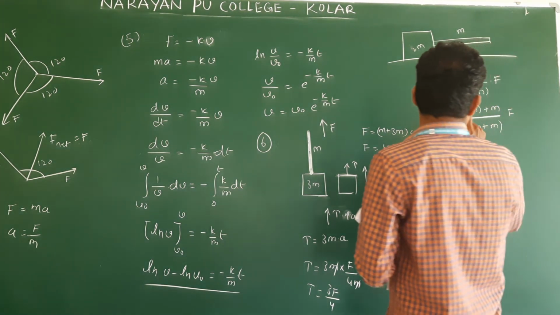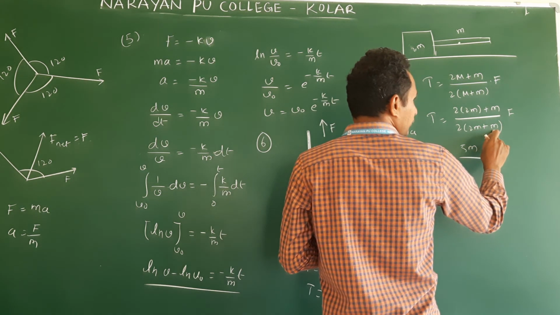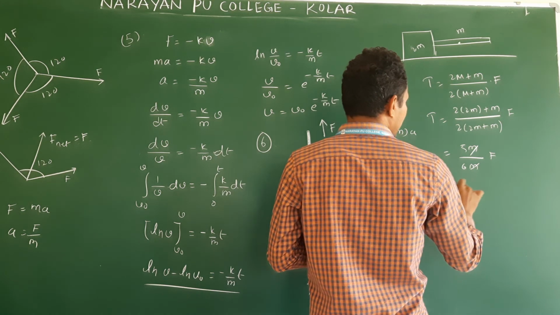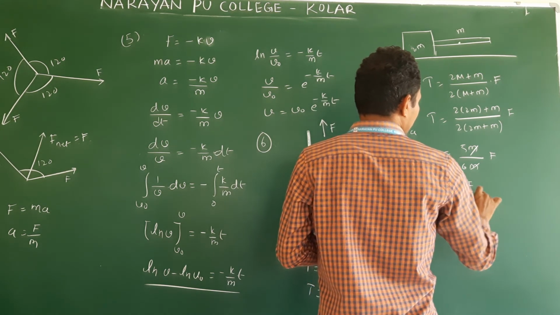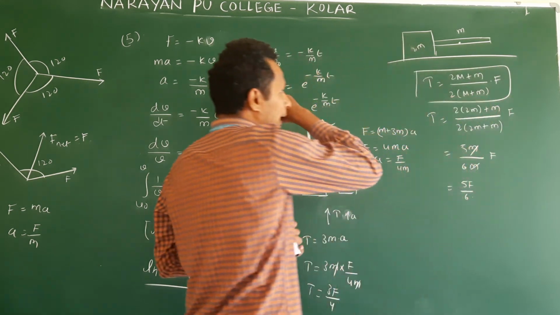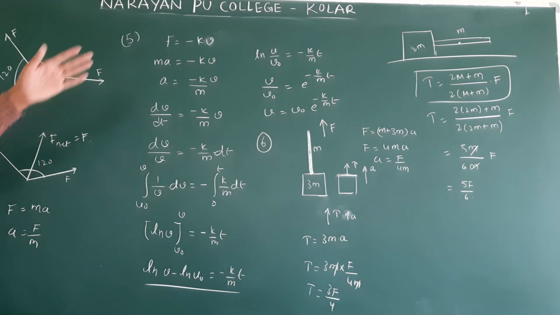So this is 4m plus m, 5m, by 2 into 3m, 6m, into F. The m's cancel, so 5F by 6. Follow the direct formula: when they ask the tension in the middle of the string, that is the formula from our example problem. Clear?